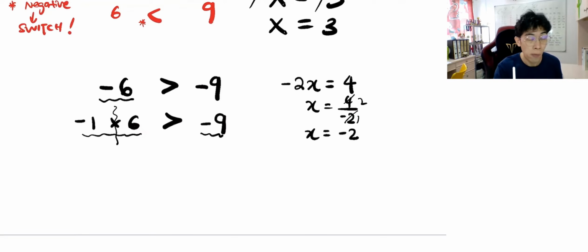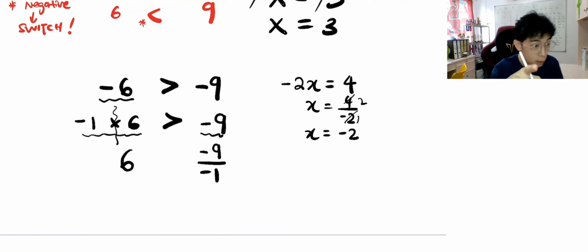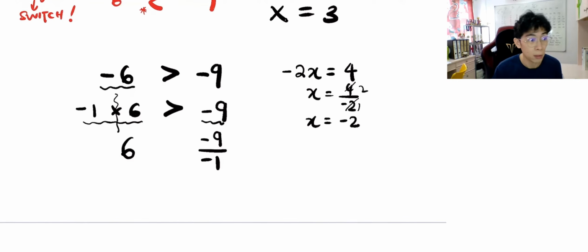So it means you will do this with 6 and -9, then you divide by -1. Agree or not? You are doing the same thing; I'm using chapter 6 to explain. So eventually you will get 6 and 9.